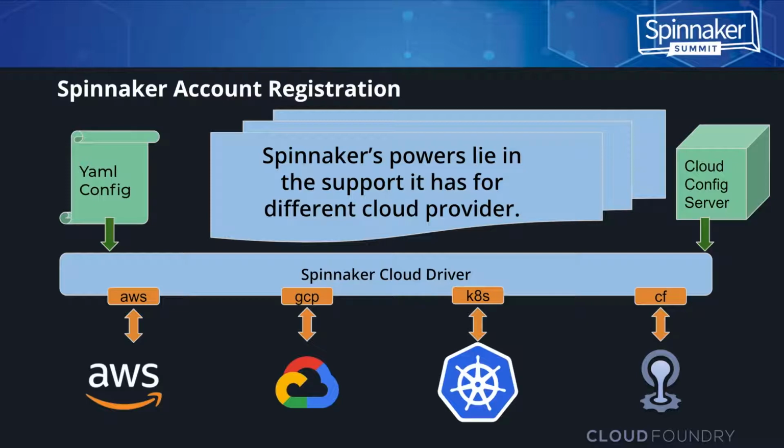One particular way is, for example, to use the Spring Cloud Config Server and then have it load your account information from third-party sources, for example, GitHub or Amazon S3, or let's say HashiCorp Vault.